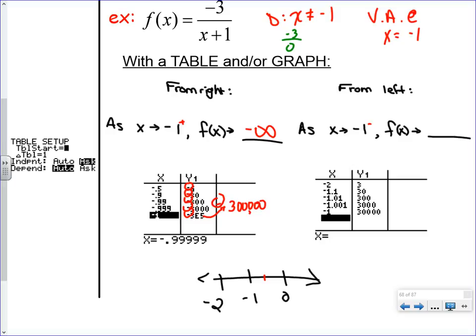Where's negative 0.9? Negative 0.999. Where are those numbers coming from? The right. And if you think about negative 2, negative 1.1, negative 1.01, negative 1.001, that's from the left. Okay, so that's what I'm talking about. And as you plug in each of those, guess what? Is he really negative 1? No. What is he?